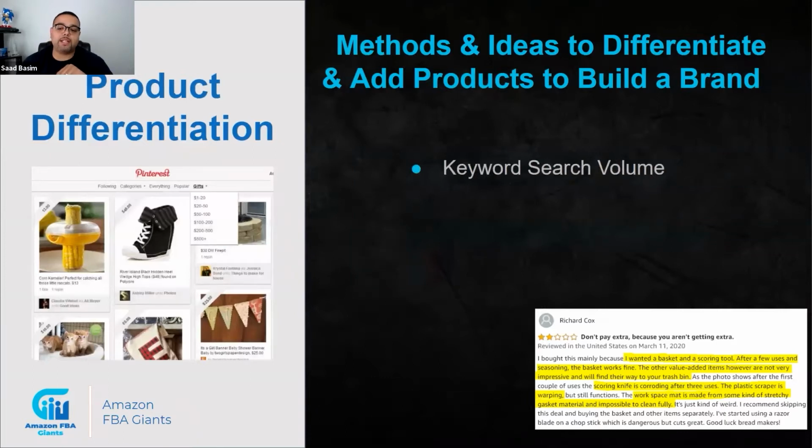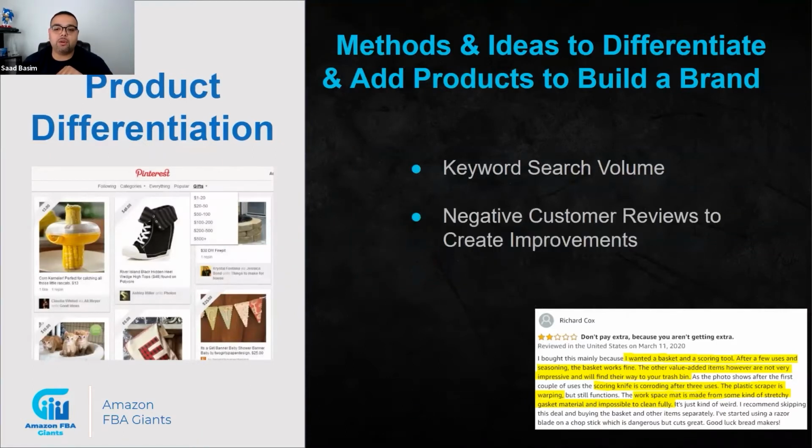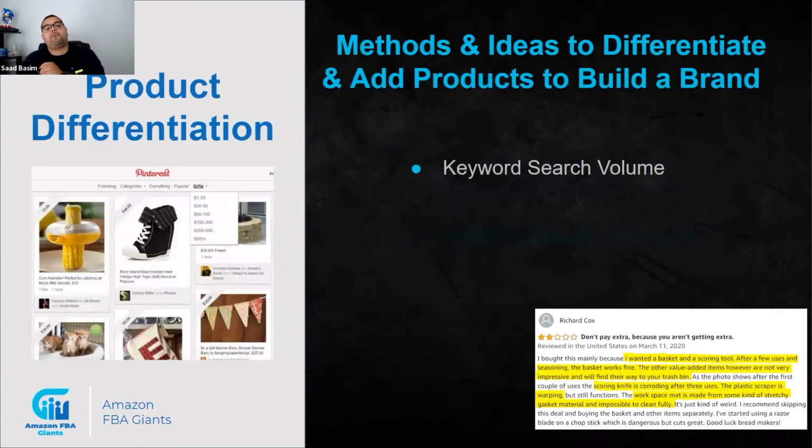The other way is keyword search volume. Keyword search volume is really, really important. So for example, if I'm looking for a product right now, and remember when we did our validation keyword process, and I found one keyword that says, hey, proofing basket with lane and has 3,000 search volume or 1,500, that's something telling you that people really like this product, and you need to think about whether you can change it.